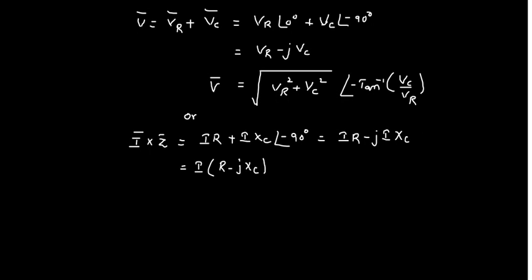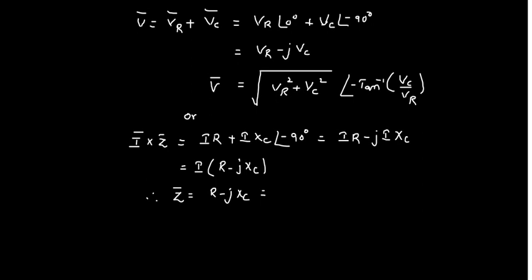So this is I bar into Z. If you compare the left hand side and right hand side, I can write Z bar equals R minus J XC. This Z is called the impedance. This is in complex form.